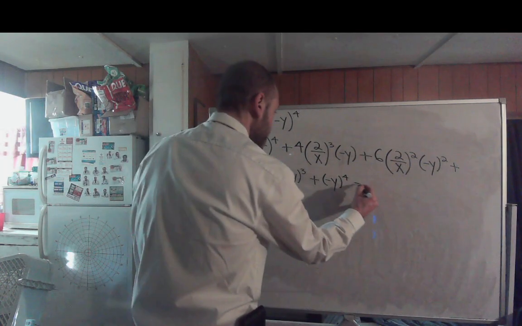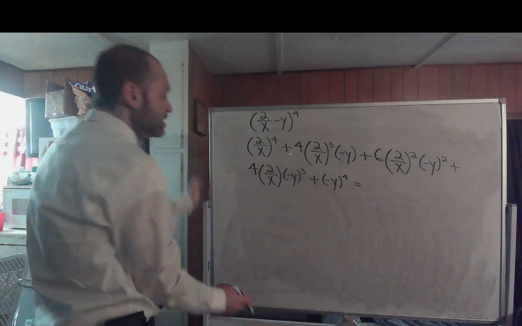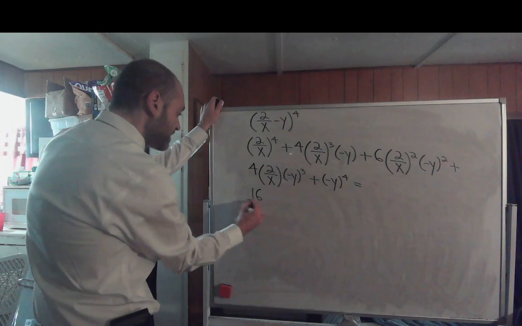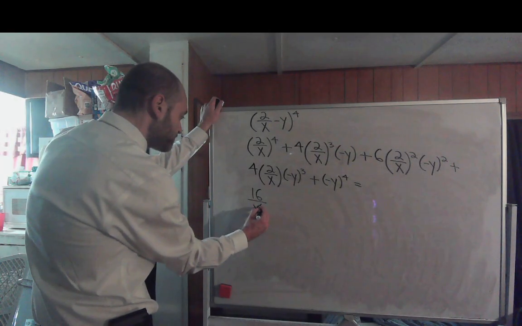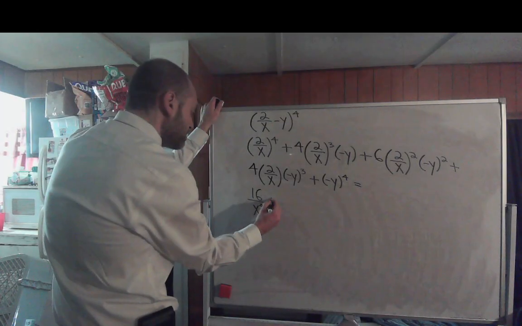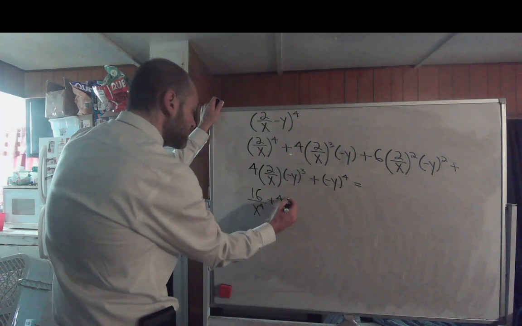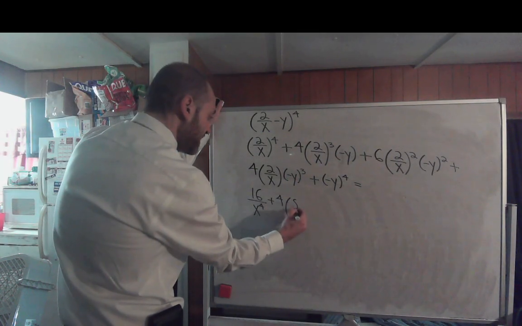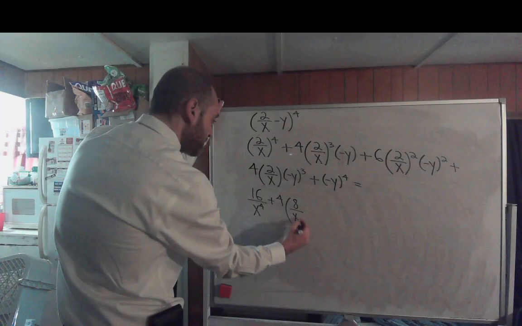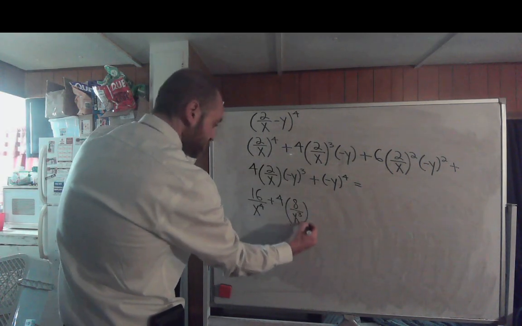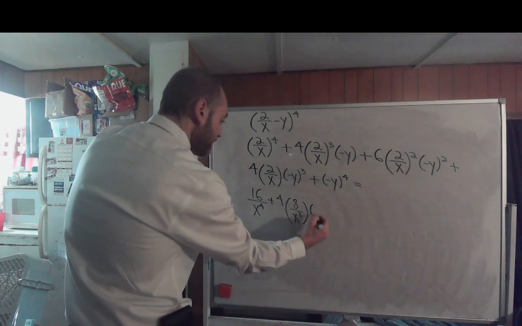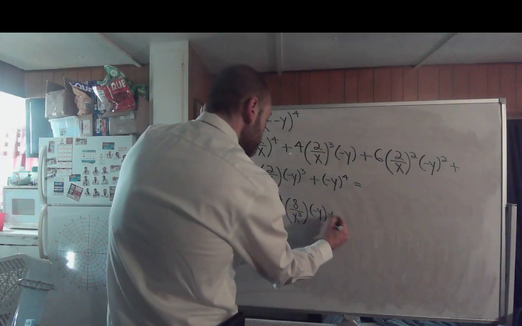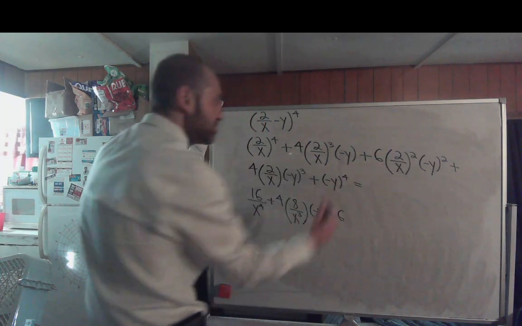So now let's simplify this. So the first term should become 16 over x to the fourth plus 4 times, all right, 2 over x to the third, that's 8 over x to the third, still times negative y, plus we have 6 times that 2 over x squared.